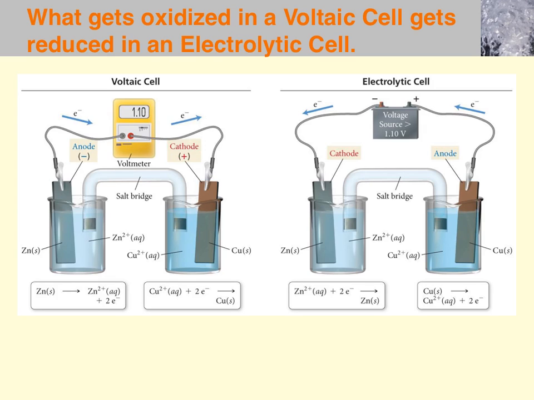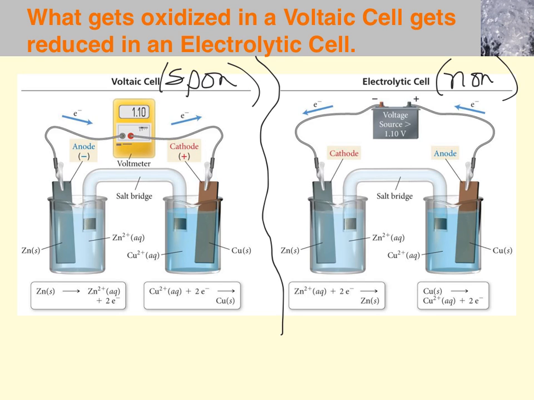So take a look at the key difference between a voltaic or spontaneous cell and an electrolytic or non-spontaneous cell. This is a really good example, I think, because it's the same overall reaction.